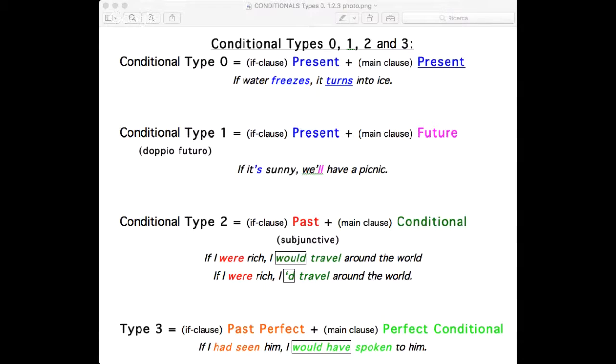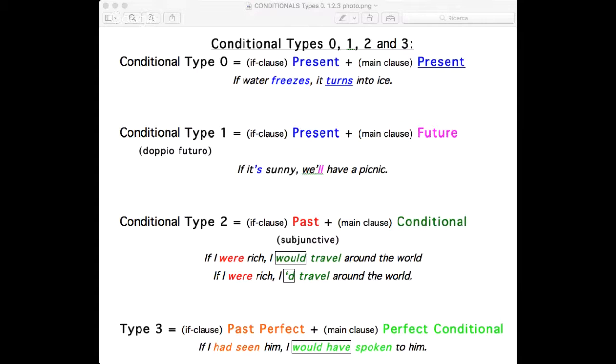Conditional type 2 is something which is, again, a condition, but it's something hypothetical. Whilst in the first case, in conditional type 1, it's not hypothetical. In the second conditional, it's hypothetical. So after if, we use the past. In reality, it would be the subjunctive.